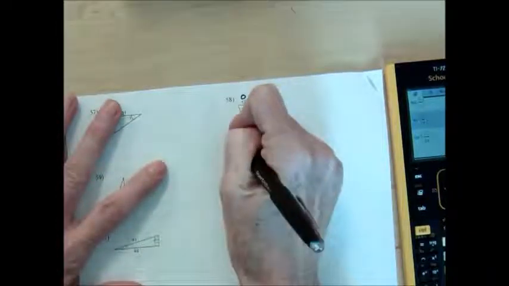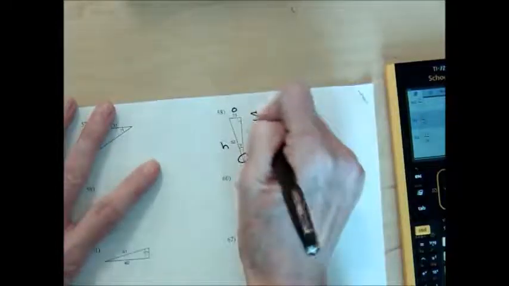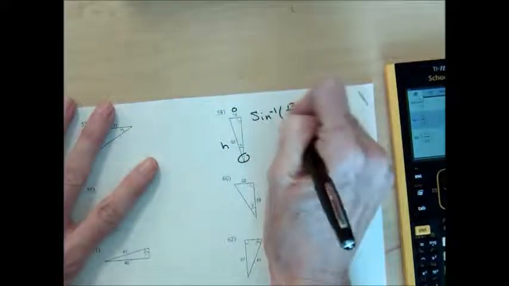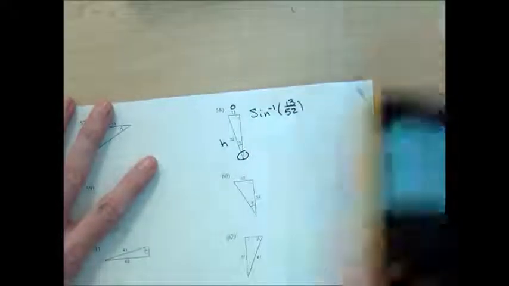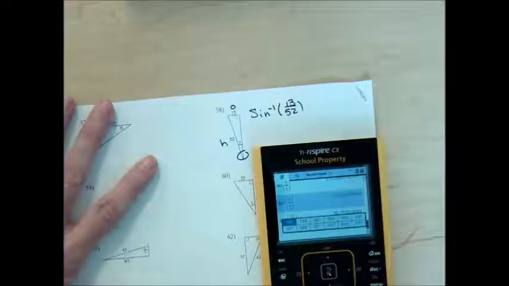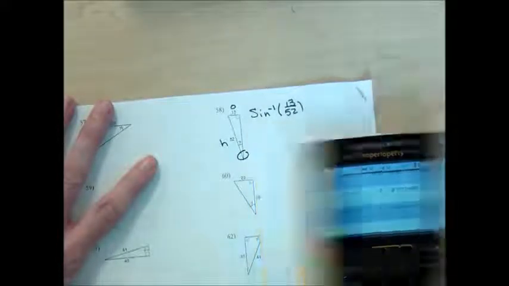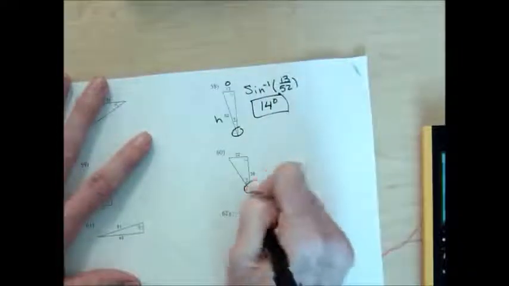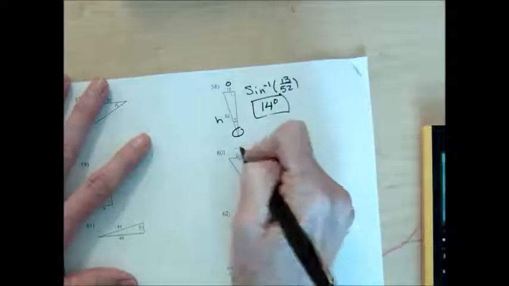All right, circle my angle. Opposite and hypotenuse is sine, so I'm doing sine inverse of 13 over 52 because that's opposite over hypotenuse. Sine inverse 13 divided by 52. That gives me 14 degrees. All right, opposite and adjacent.